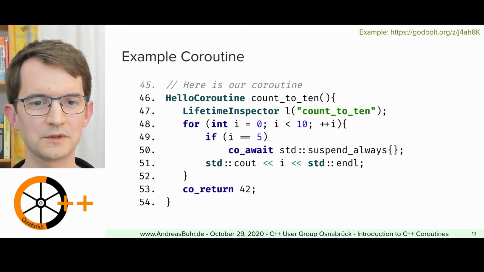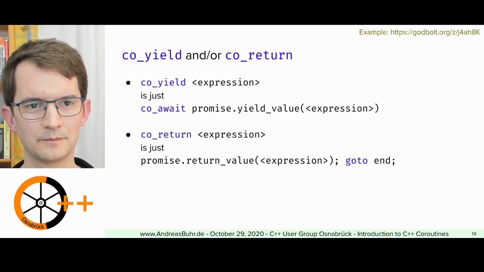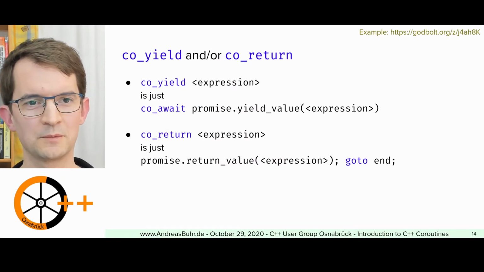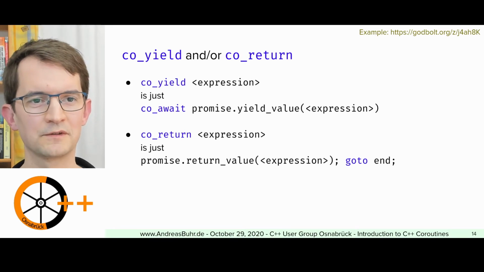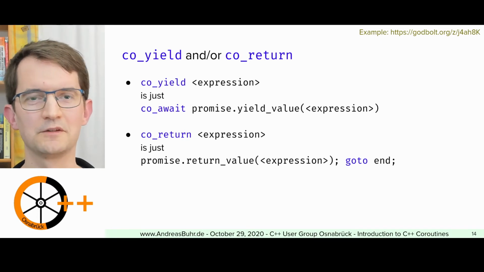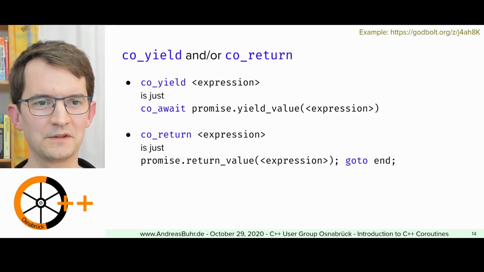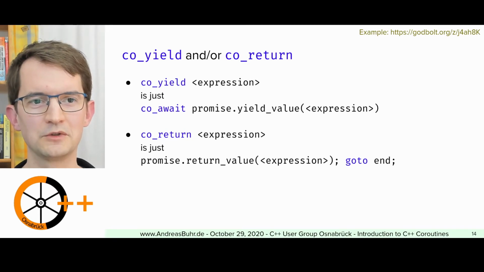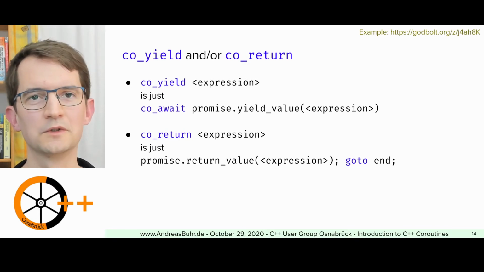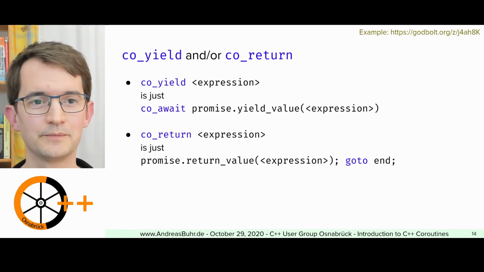Just a few words about co_yield and co_return. A co_yield of some expression is just transformed to co_await promise.yield_value(expression). So the result of the expression is given to the promise, and then the promise has to create an awaitable which is then co_awaited. So once you understood co_await, you also understood co_yield.